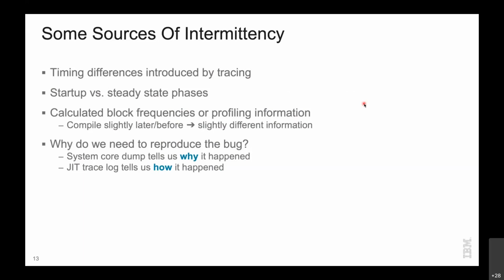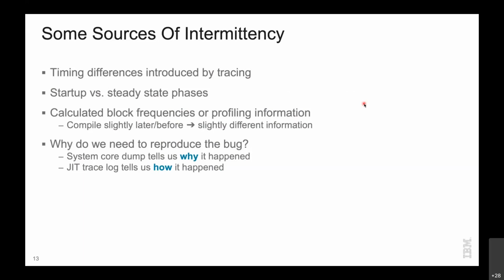Other things are, for example, block frequencies or profiling information might be different from run to run depending on when the compilation was triggered. The sum of all of these things, and there are many more, are the non-deterministic factors that can make reproducing problems in the JIT compiler quite difficult.